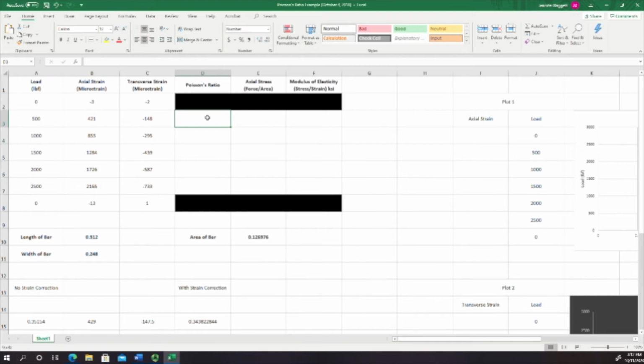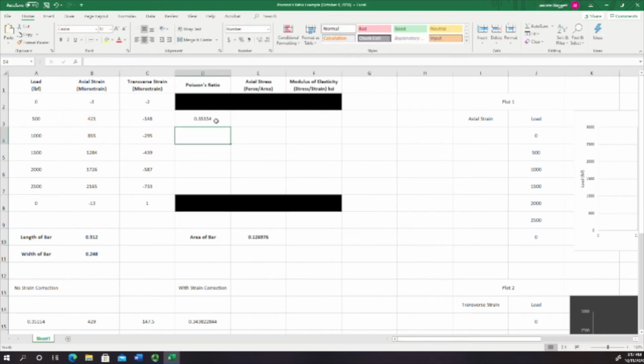If we're looking at Poisson's ratio first, since we know that the negative of our transverse strain divided by our axial strain is our Poisson's ratio, we can enter equal to our transverse strain gauge divided by our axial strain gauge. Just don't forget to include the negative symbol.